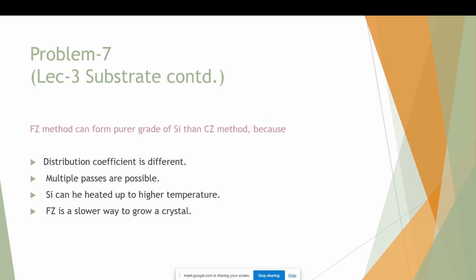So next is, the FZ method can form purer grade of silicon than the CZ method. Why is this the case? Anyone wants to take a guess?